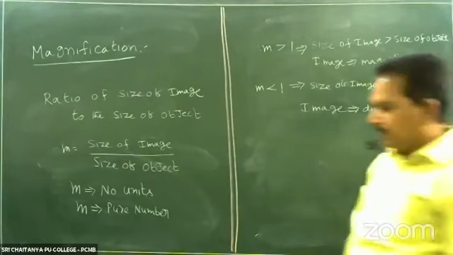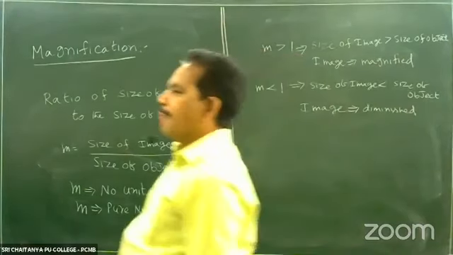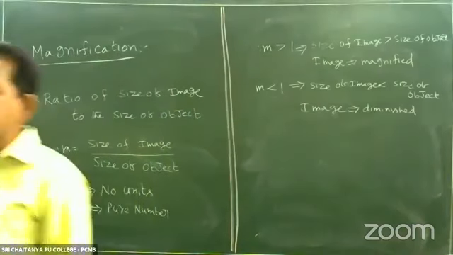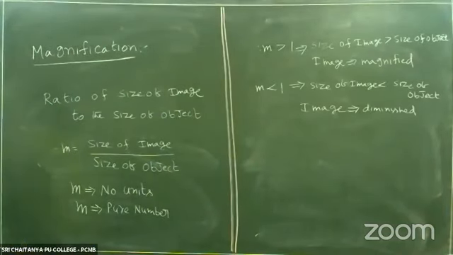When m value is greater than 1, size of the image is greater than the size of the object, the image is said to be magnified. M value less than 1, size of the image less than the size of the object, the image is said to be diminished image.